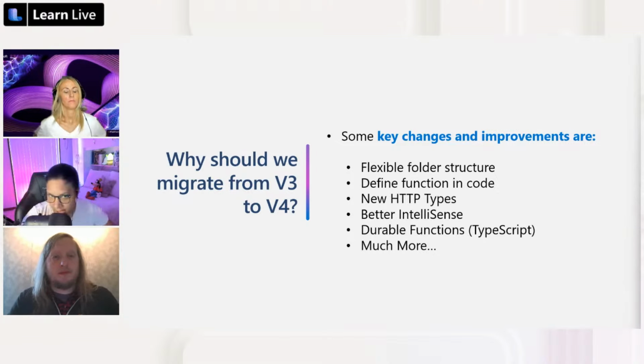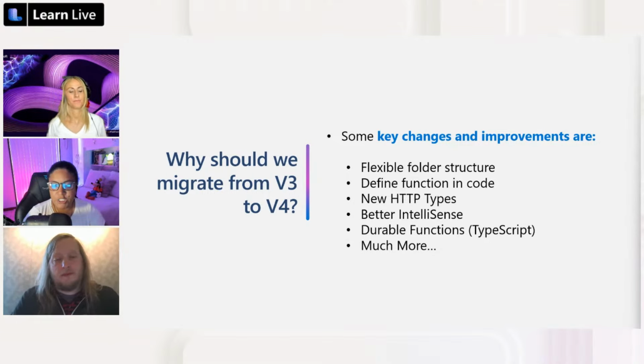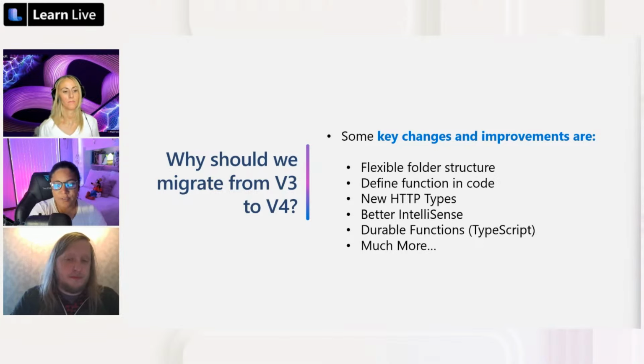But to summarize, I'm pretty sure it's much easier to maintain and create APIs with this new version. Actually, not a new version of Azure Functions, but a new version of the programming model, okay?